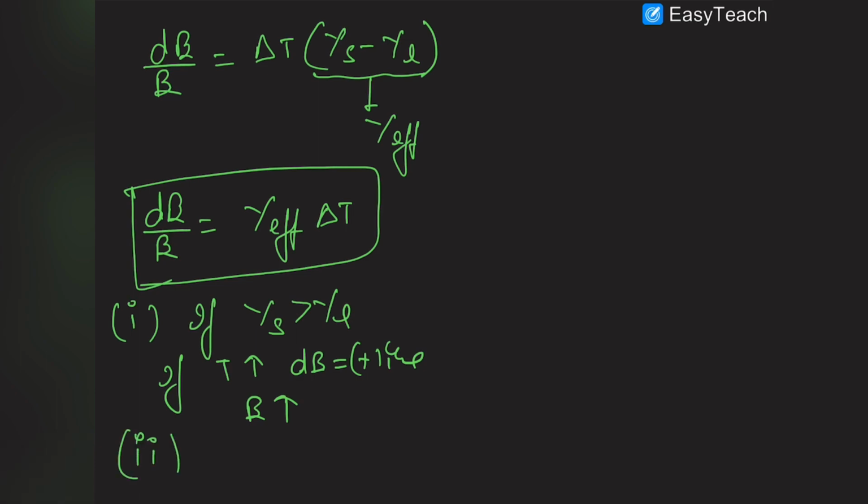And in the second case, if gamma of solid is less than gamma of liquid, then with the increase in temperature, dB is negative, so buoyancy decreases. So this is the effect of temperature on the buoyancy, and let us also discuss quite a brilliant example to understand this concept in more depth.